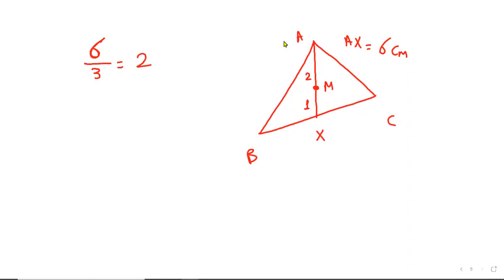So XM is 2 centimeters, and AM equals 4 centimeters. Okay, that is the ratio, the point of intersection of the medians divides it. The ratio is 1 to 2 from the base.